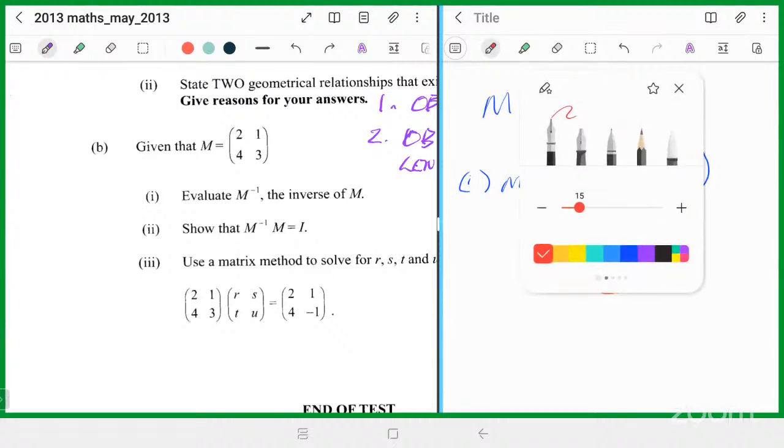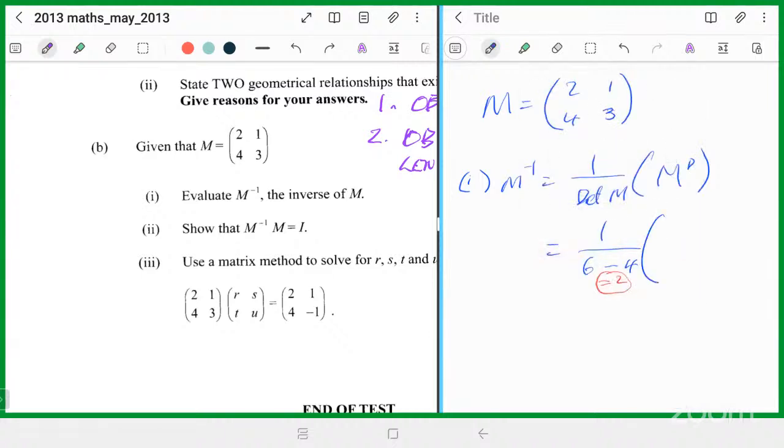Multiply that by the adjoint. The adjoint is formed by interchanging the elements on the first diagonal: they put the 3 up here and the 2 down here. They leave the elements on the second diagonal where they are, but change the sign. This 1 becomes a negative 1, and this 4 becomes a negative 4.